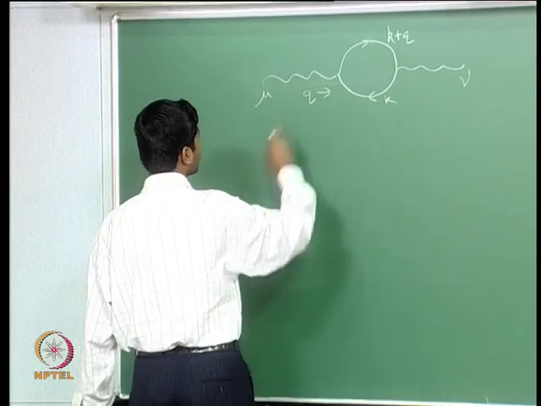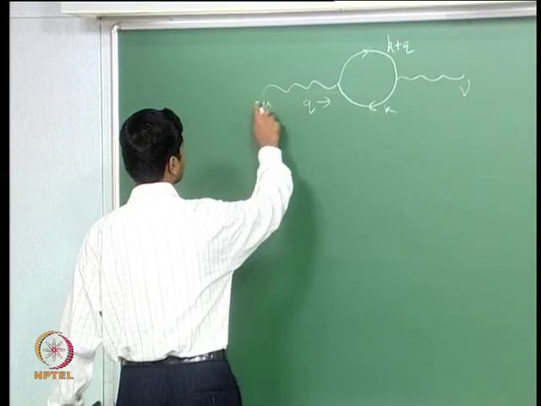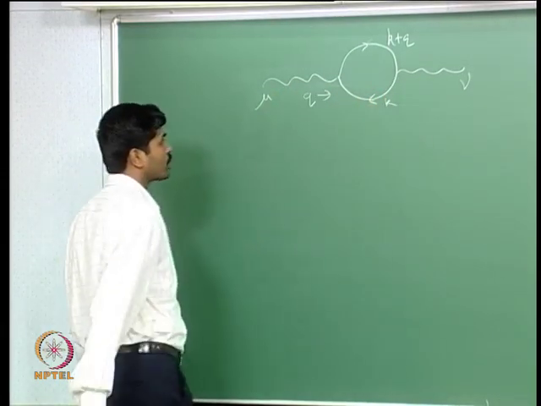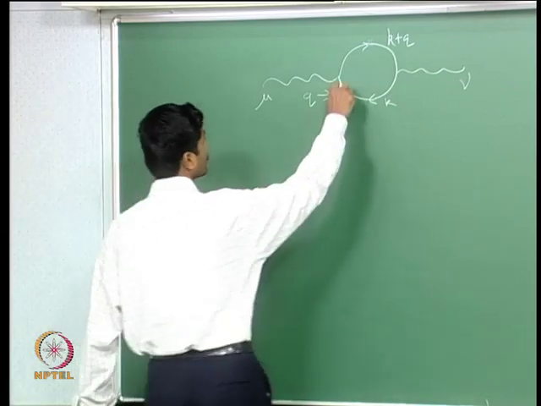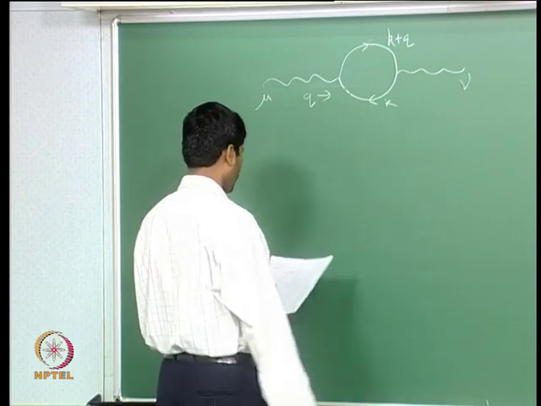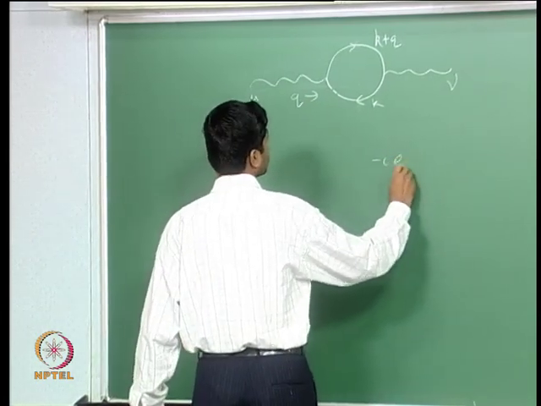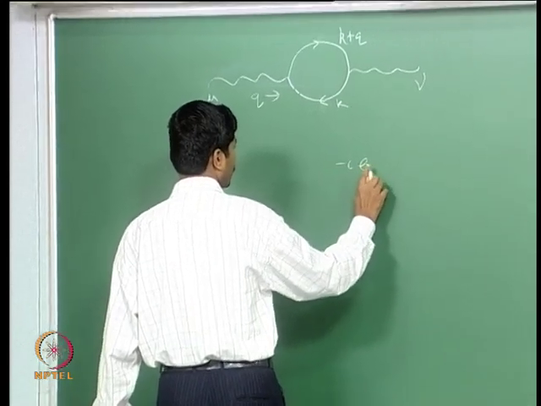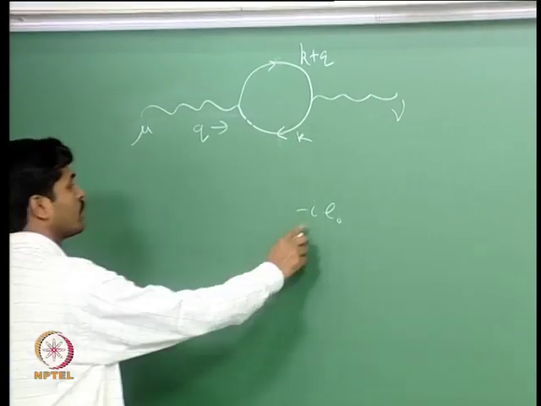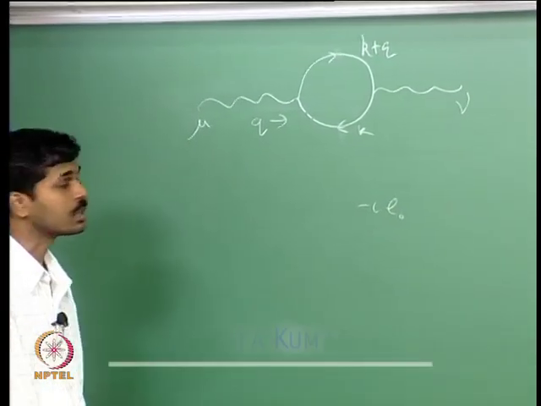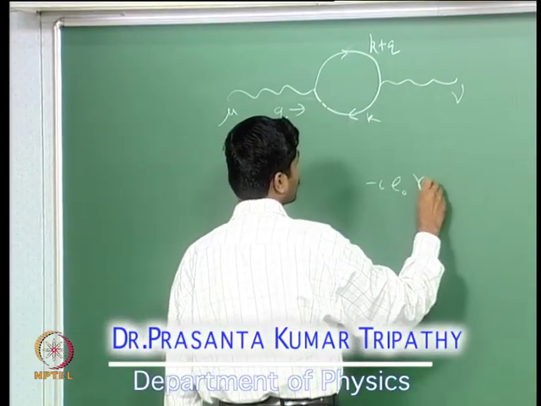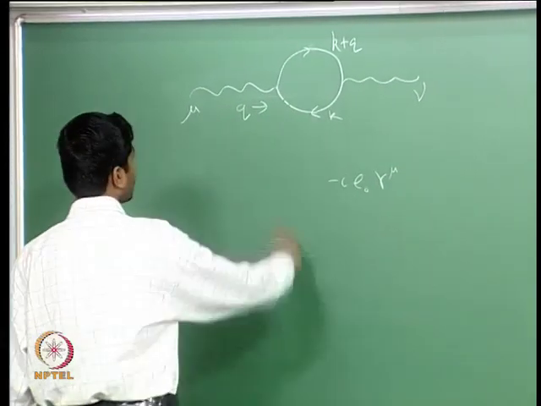So, we can use the Feynman rules. If we forget about these two photon propagators, then the contribution from this loop will be given by, first you have a vertex here, for which I will put minus i e_0. In this lecture I will denote e_0 to be the charge of the electron instead of e. At the end of this lecture you will see why e_0 instead of e. So, you will have minus i e_0 gamma mu for this vertex.